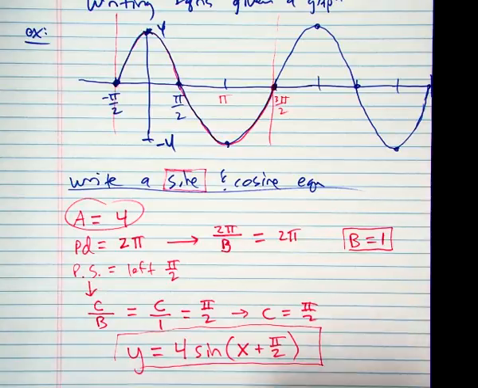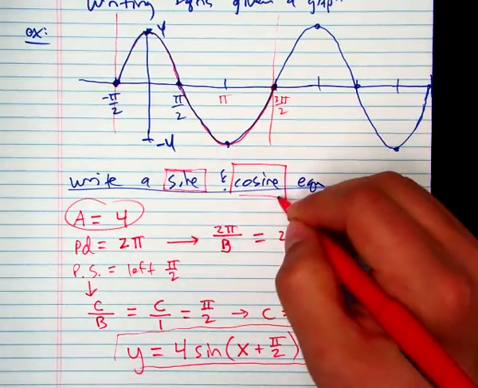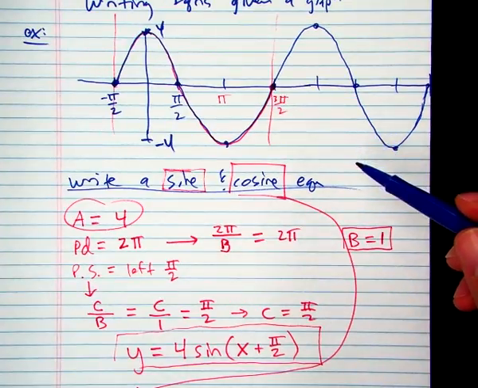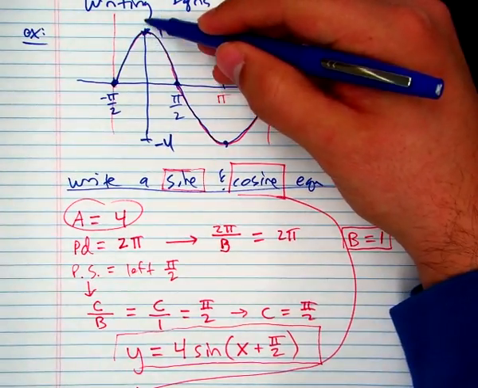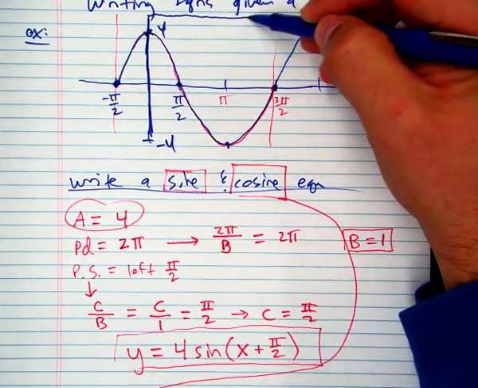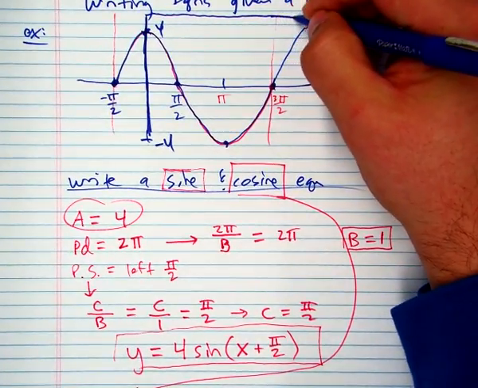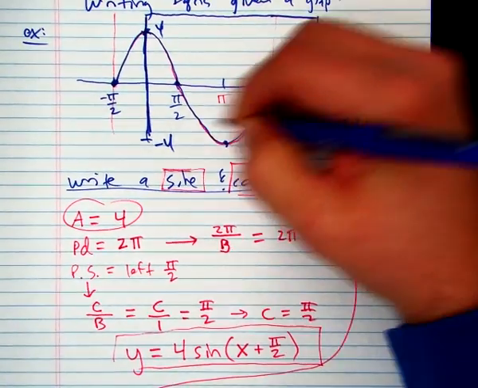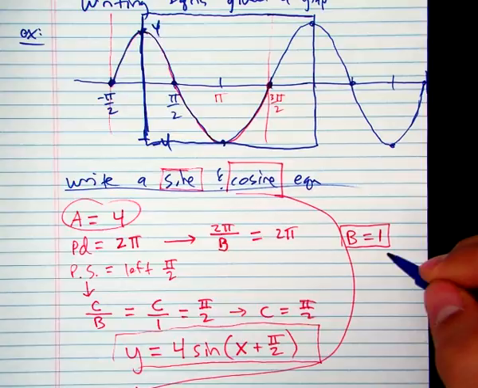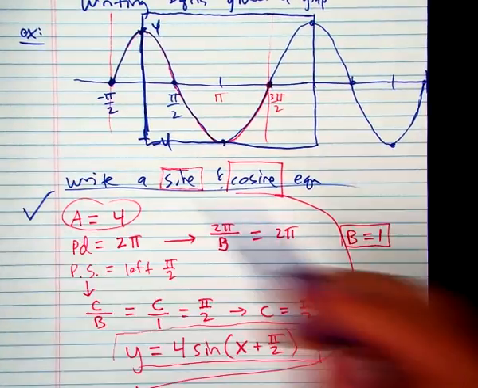If I wanted to do cosine now, that's actually a little less work. Where would my cosine graph start? Right here, right? And where does it end? At 2 pi. That's exactly the normal cosine window, right? So, same amplitude, same period.